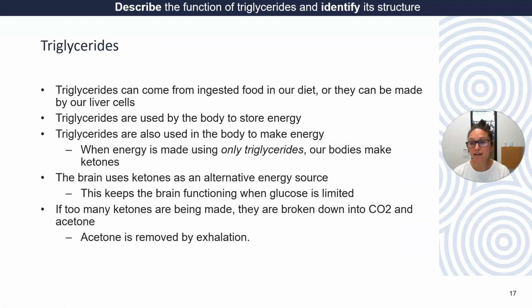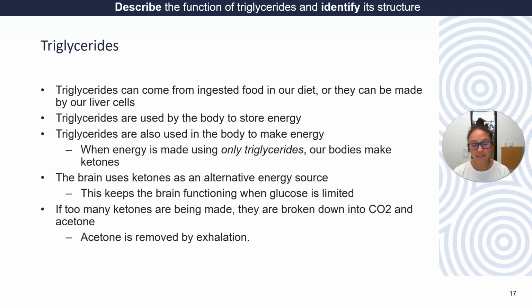Let's have a look at triglycerides. We can get triglycerides from our diet, or we can actually make them ourselves as well. The whole point of triglycerides is to store energy. We store energy. That's fat. Triglycerides is fat.